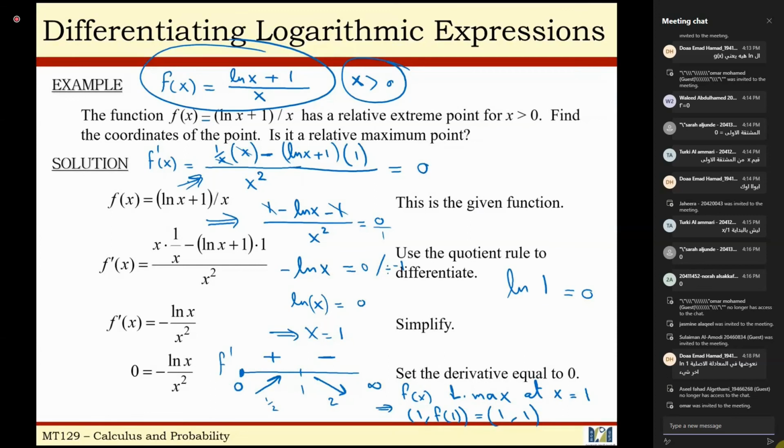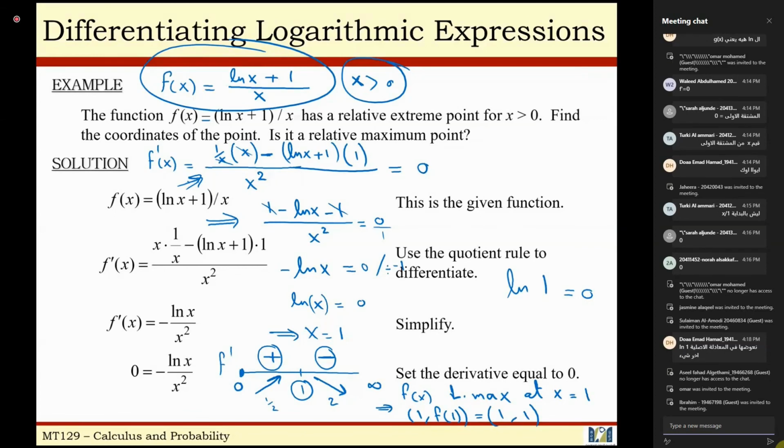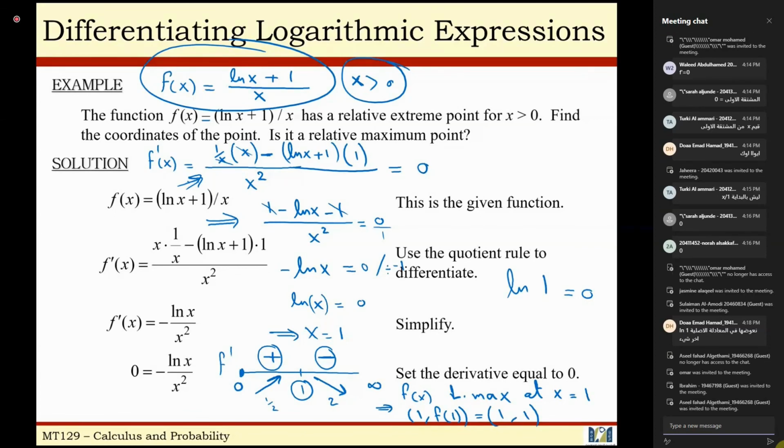But f prime is just to find the critical point and the sign around the critical point. This is the tool to check where is maximum, where is minimum, but maximum, minimum for f of x. So for the final solution, the maximum value, we must substitute in f of x. Okay.